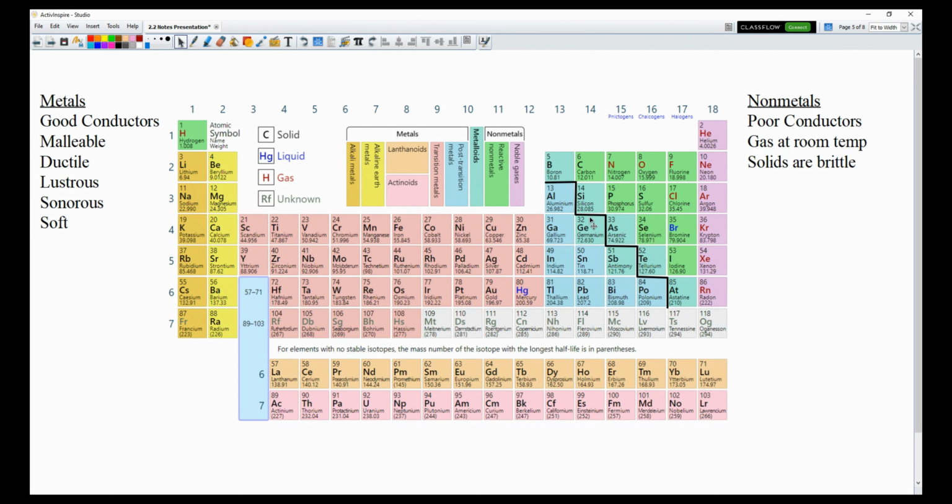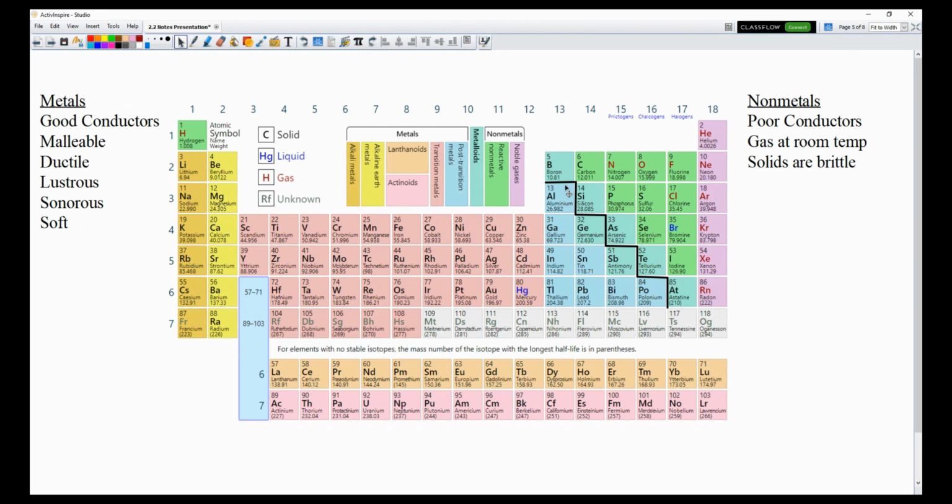And then we have some metals here that are touching this stair-step line. A lot of these that are touching the stair-step line are called metalloids because they have properties of both metals and nonmetals. It's like the transition line between metals and nonmetals.